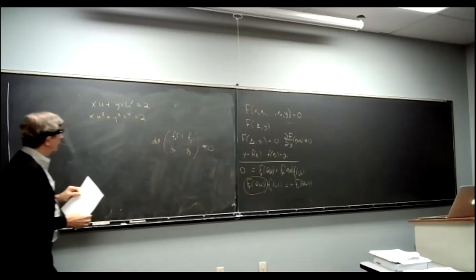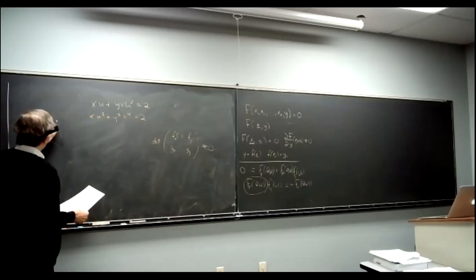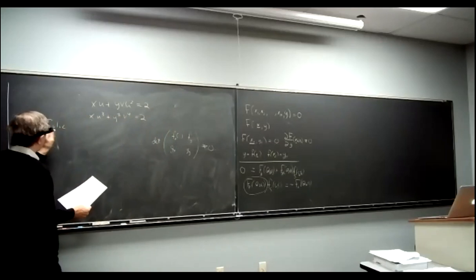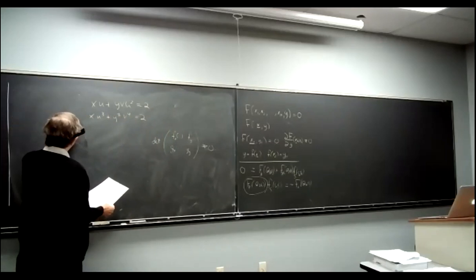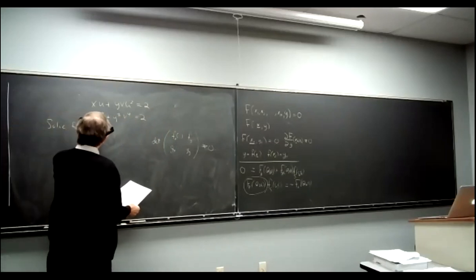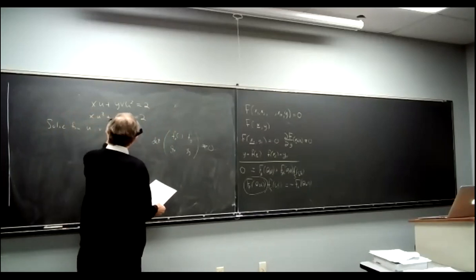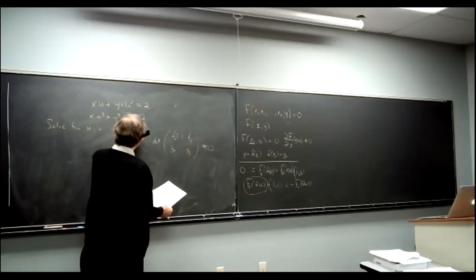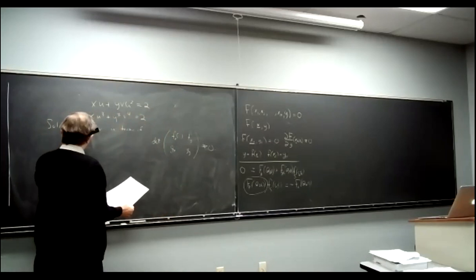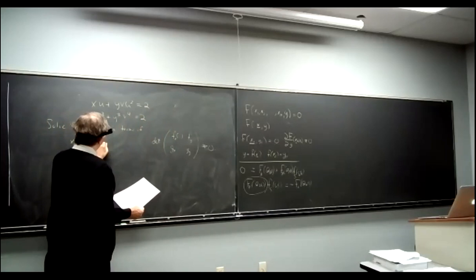Suppose I have these two equations, and the problem is to know when I can solve for u and v in terms of x and y near some point.